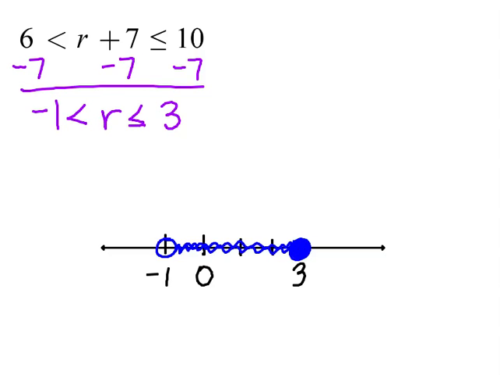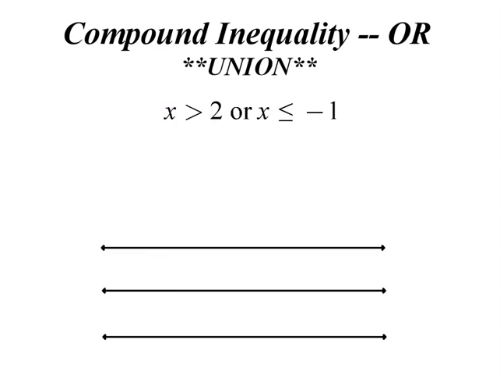Intersection. Good. So now we're going to talk about the or. Because if you remember, I said 2 words. And was the first, or was the second. Or means union. Union is different from intersection. And we're going to look at how it's different on this first example.